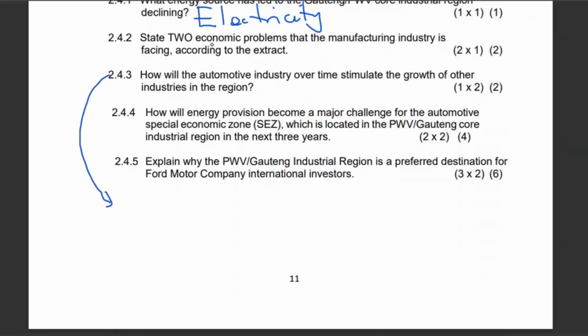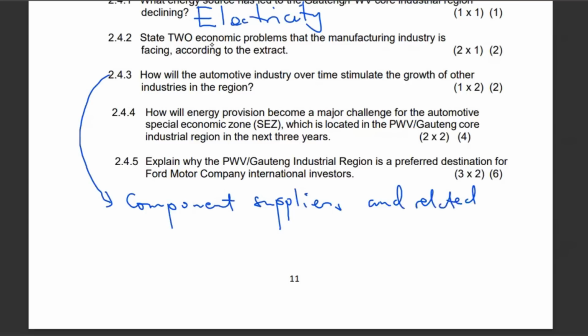Right, we are saying here, because of automotive industries, we also have component suppliers and related service providers are created.